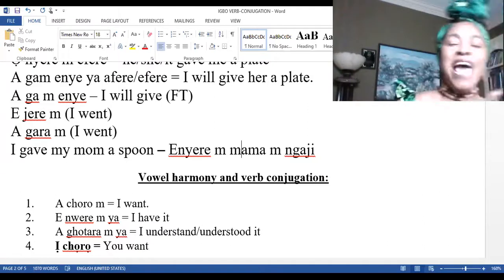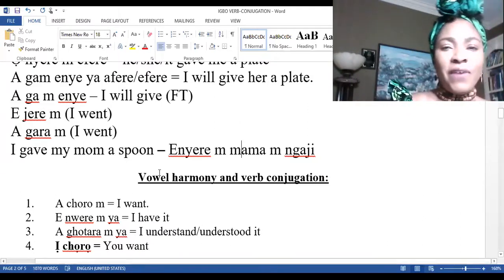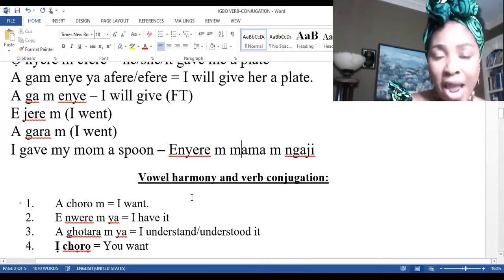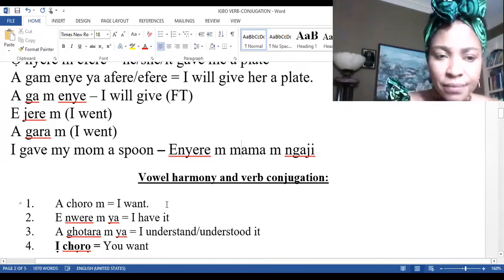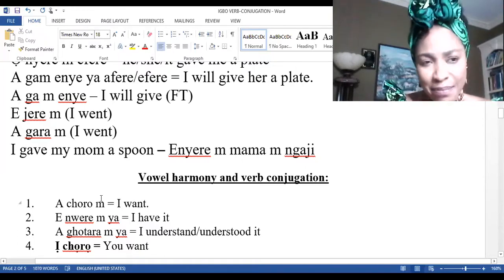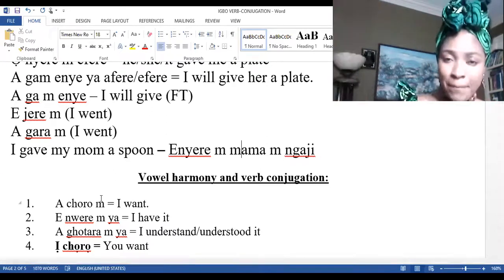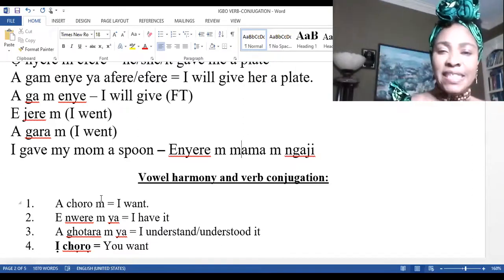Okay, so enwerem. Now, don't forget, inwe is a verb. But when you're conjugating inwe, this is how you conjugate it. Achorum or enwerem, enyerem, onyerem, ha nyerem, mamam nyerem, papam nyerem.